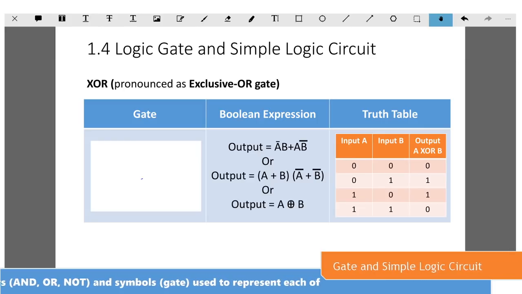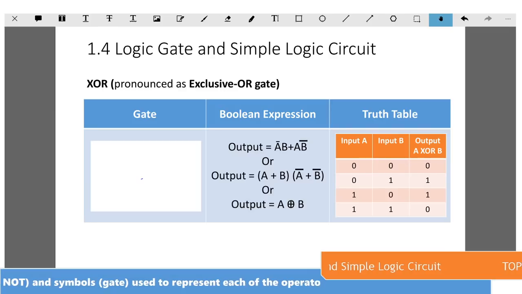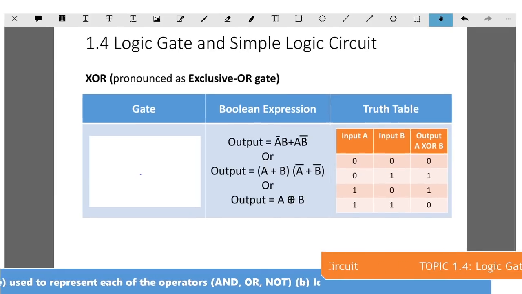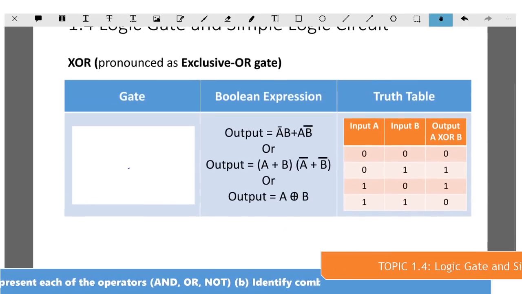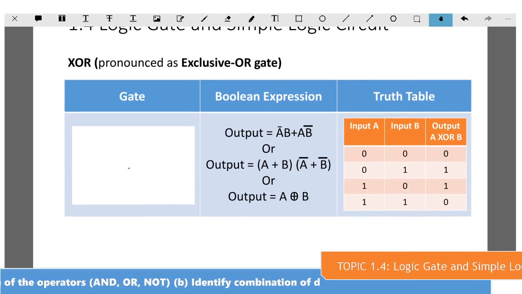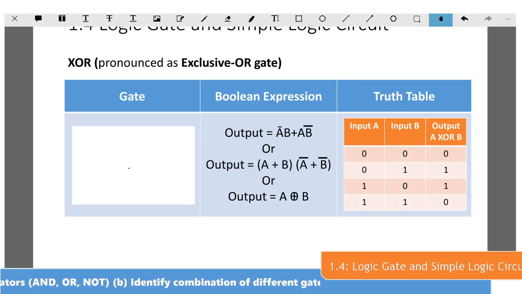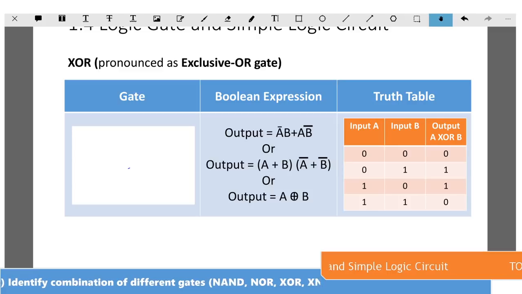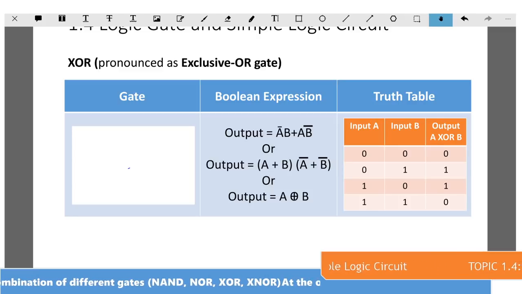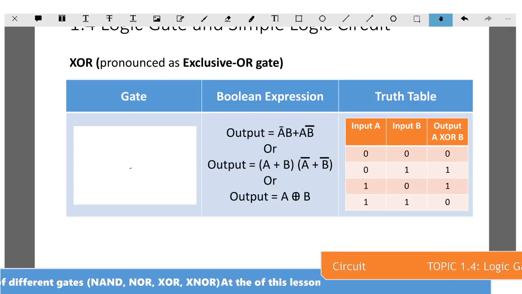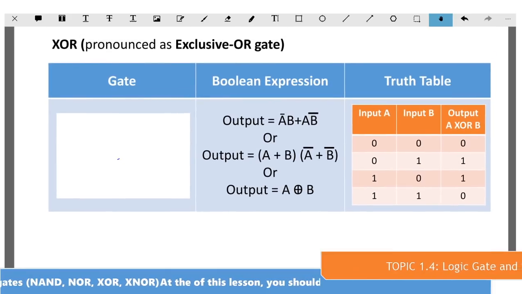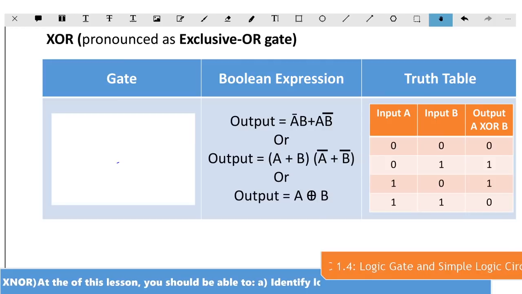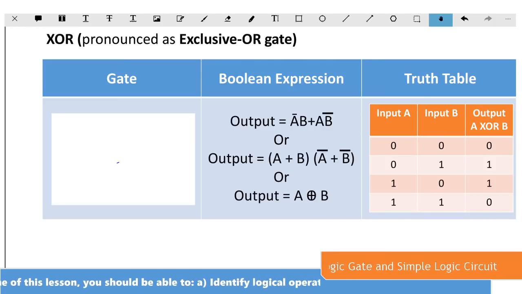So the next gate is the XOR. We can pronounce it as exclusive OR gate. This gate is a logic gate with two or more inputs and one output that performs exclusive disjunction. The symbol of the XOR gate is like this.